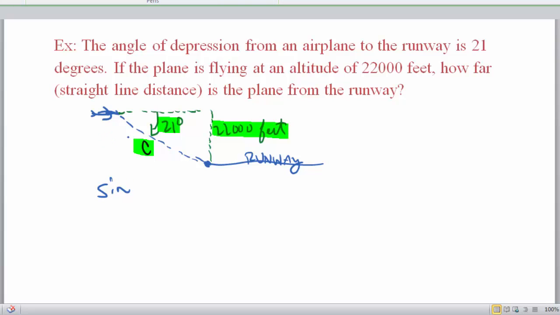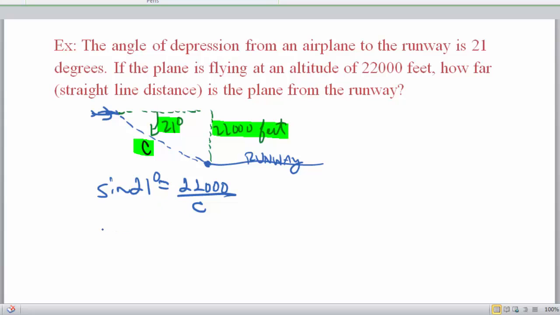Remember SOHCAHTOA? So again, definition would be sine of 21 degrees equals, sine is the opposite over the hypotenuse, which is 22,000 divided by the hypotenuse I'm trying to find, which is C. Now here the difference is my unknown is in the denominator.